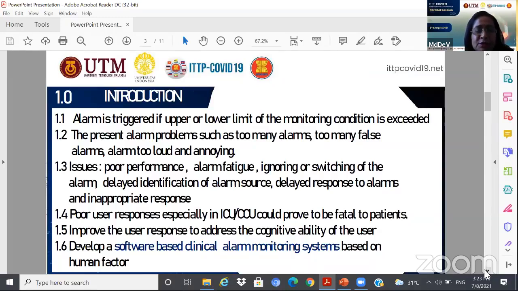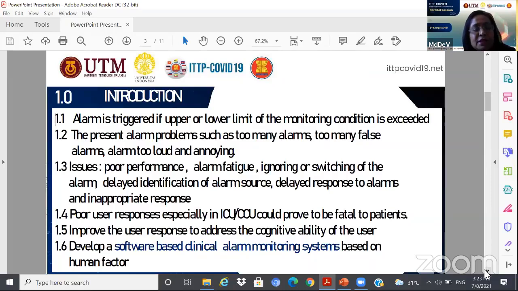This has led to many issues or adverse events, like poor performance and alarm fatigue among the clinicians working in ICU and CCU. In certain conditions they even switch off or ignore the alarm, and there is delayed identification of the alarm source, delayed response among the clinicians, and inappropriate response.